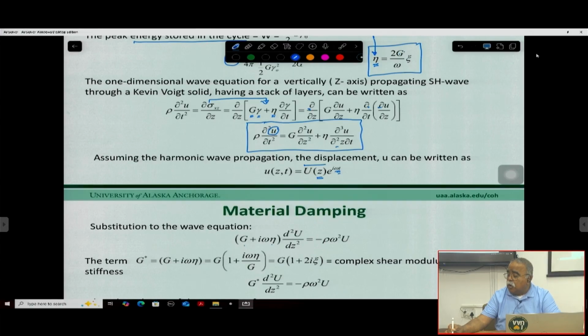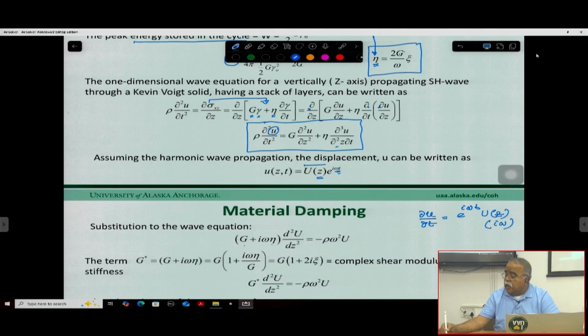So du by dt will be, according to this, e to the power i omega t into U(z), and then into i omega.